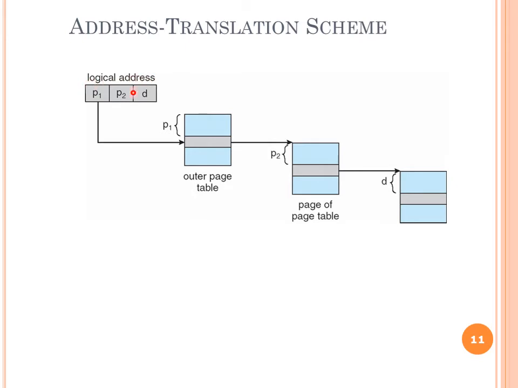The logical address has P1 bits, P2 bits and D. P1 will make the indexing on the outer page table, then this will make an indexing onto the inner page table P2. Then within P2 where exactly the page exists is given by your displacement. So in two level paging, the logical address has three parts, P1, P2 and D, whereas single level has only two parts, P and D.